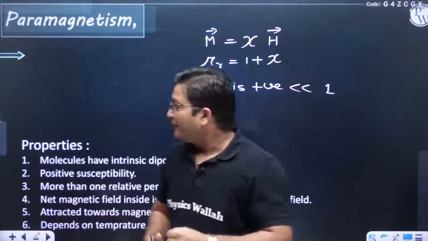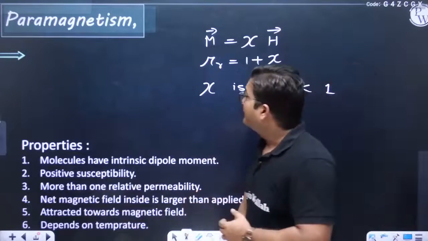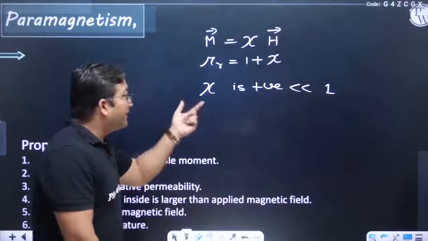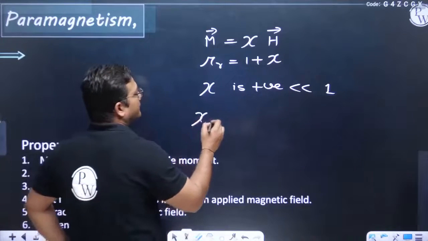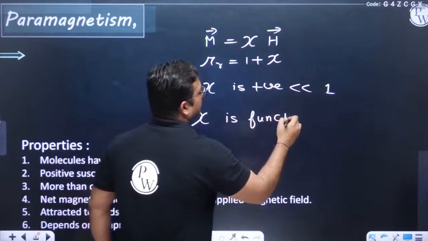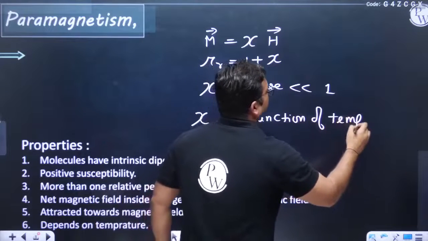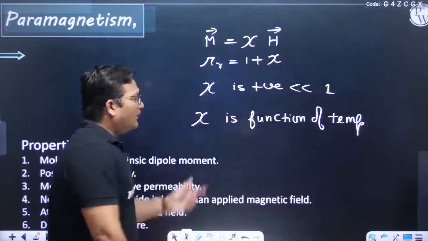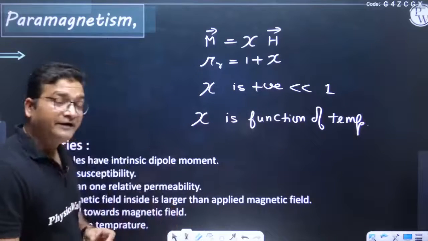That is why paramagnetism depends upon temperature. So their susceptibility is actually a function of temperature. How it depends upon temperature, I'll explain a few moments later in Curie's Law.